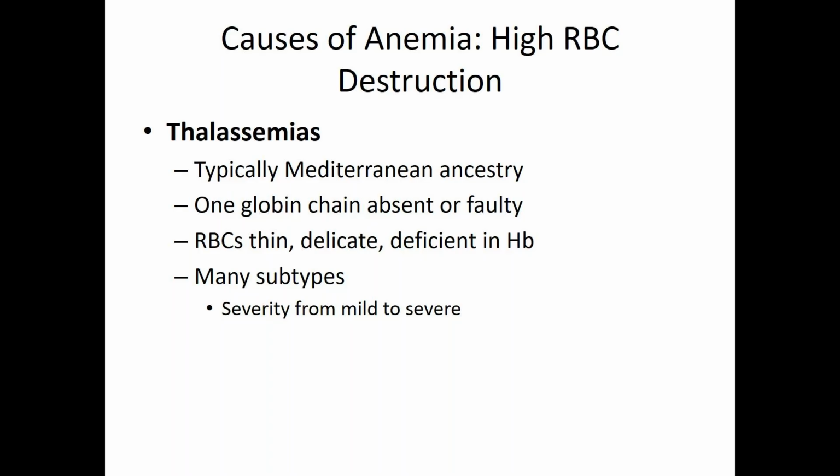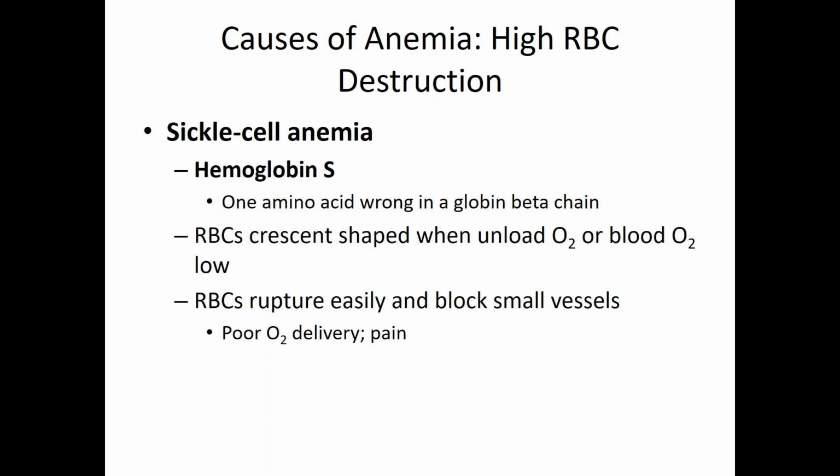There are also people that are thalassemic and are in big trouble. So, again, a wide spectrum of potential presentations of your thalassemic diseases here. The other big faulty hemoglobin genetically linked disorder is sickle cell anemia.